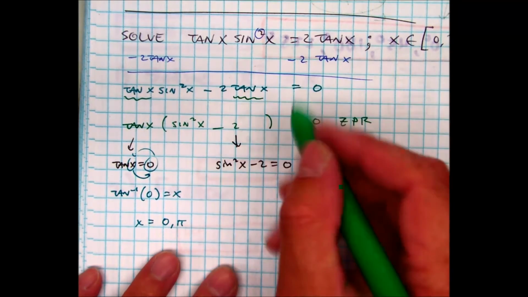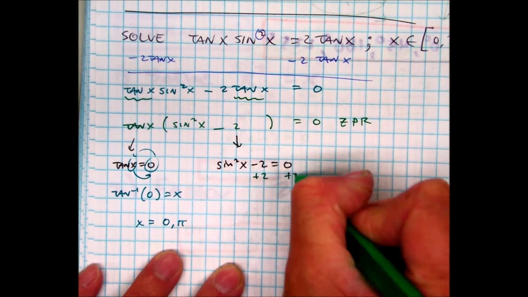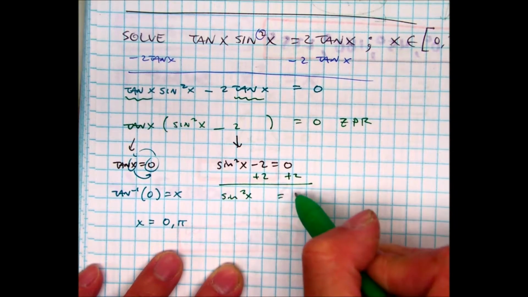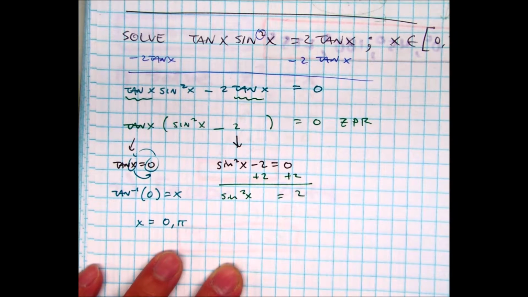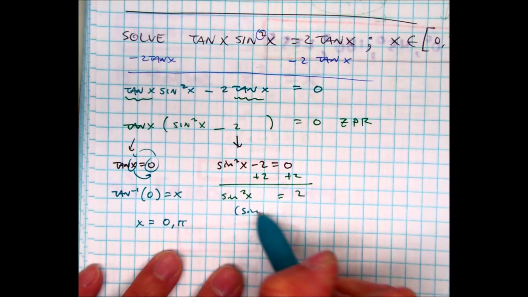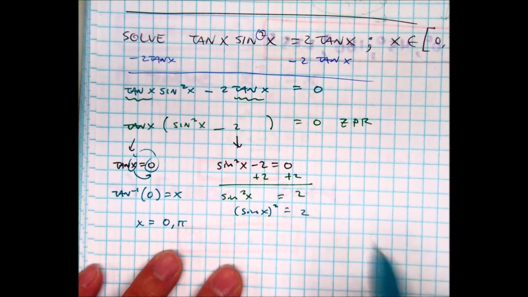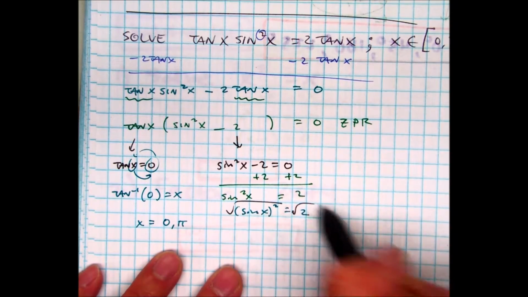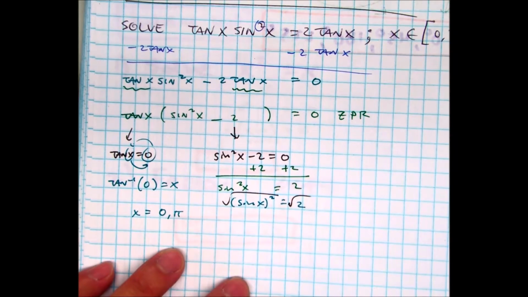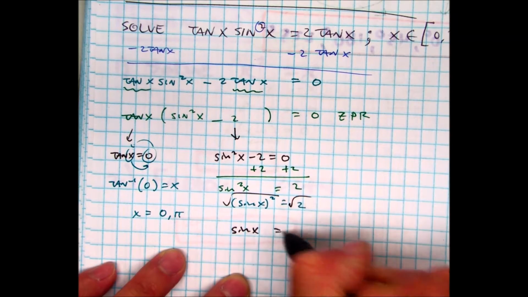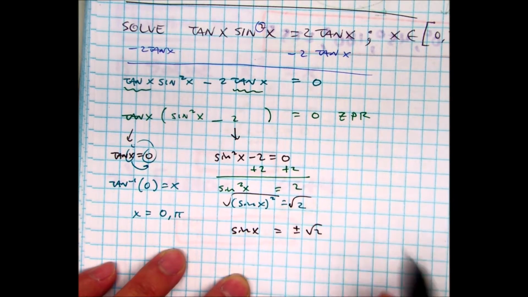Let's go ahead and solve this problem. I'm going to add 2. Sine squared x equals 2. Remember, if you need to rewrite this one, you can. I'm going to take the square root. We're left with sine of x equals plus or minus radical 2.